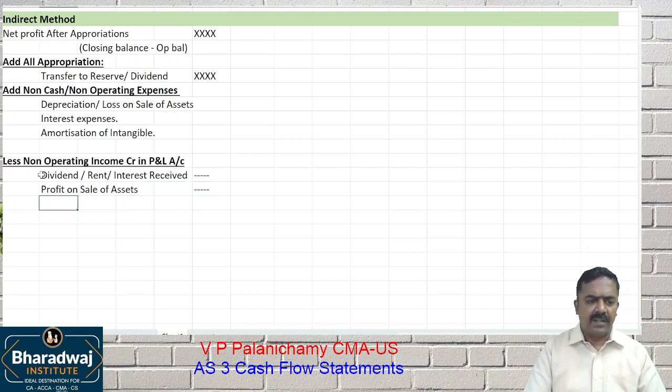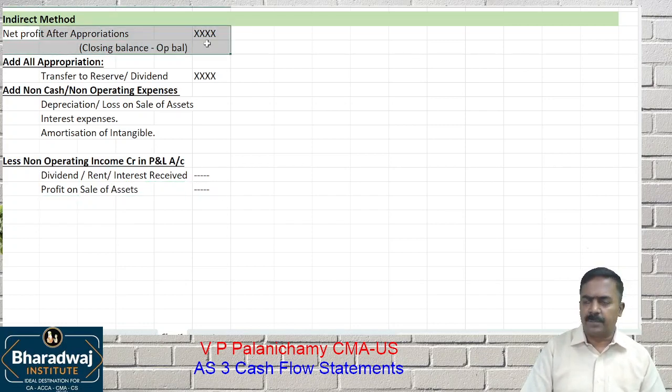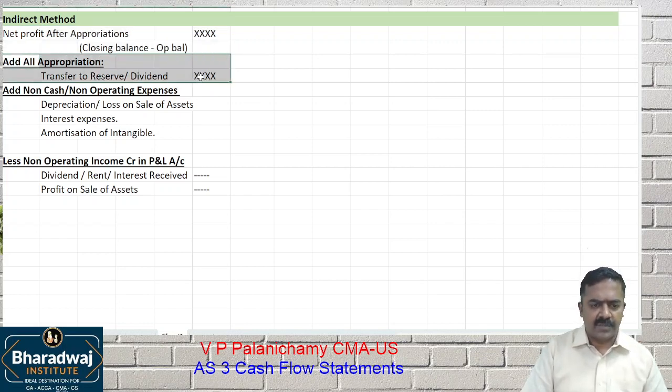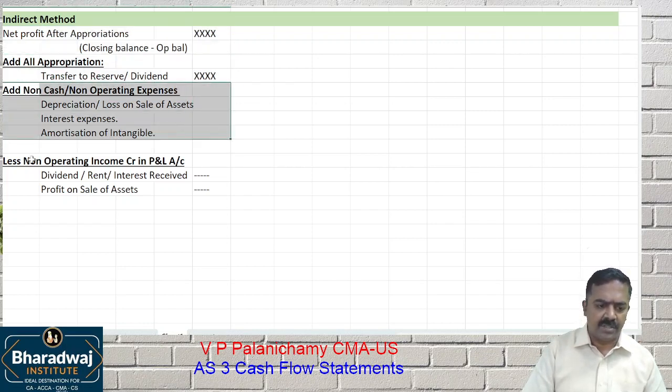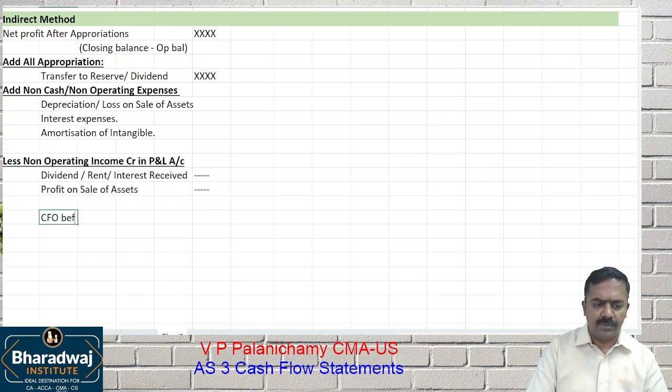So simple. We take net profit after appropriation, adjust for appropriations, non-cash items, non-operating items, then you will get CFO before extraordinary item.